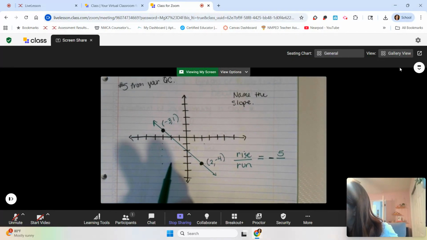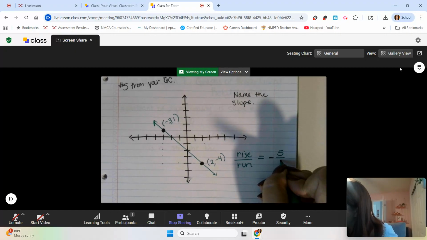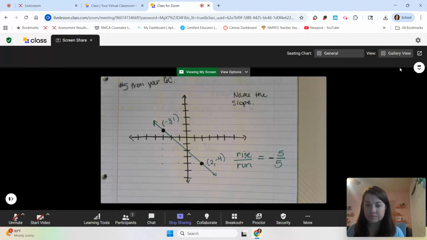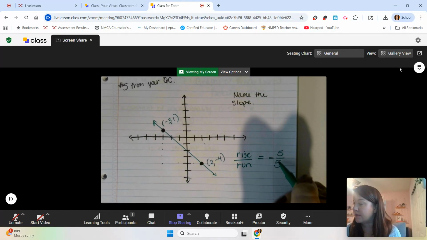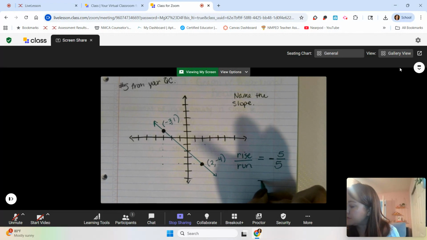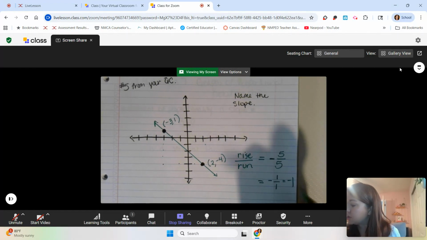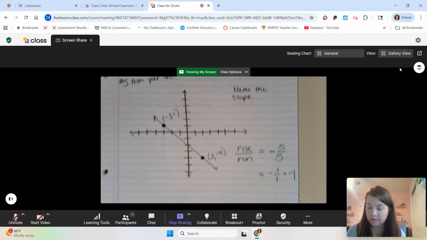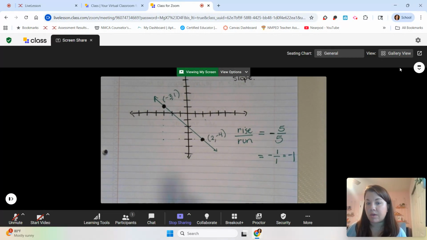I've got 1, 2, 3, 4, 5. Okay, so I went down 5 and to the right 5. So I had -5 over 5, which would reduce to -1 over 1 or just -1. Okay, so that was one way that we could have solved it.